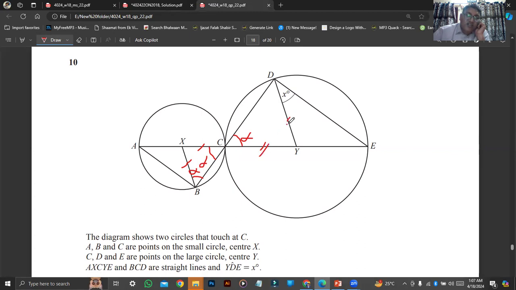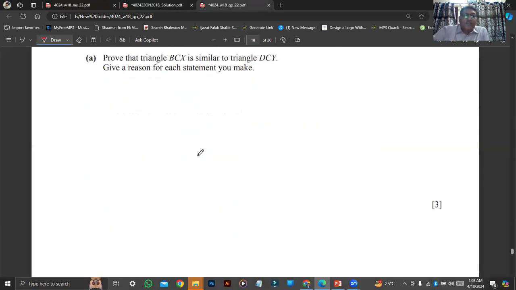If the angle opposite to this side is alpha, the angle opposite to this side will also be alpha. So you can see these two triangles have two angles the same, so they are similar to each other. Angle similarity test.